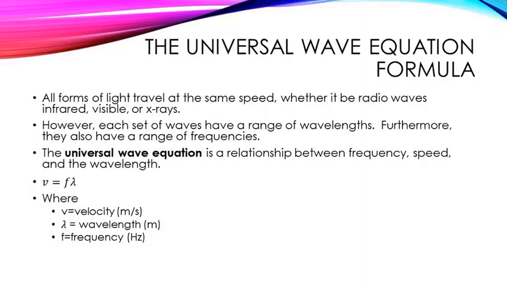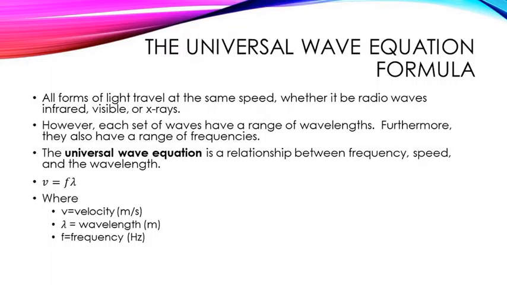The universal wave equation formula. All forms of light have the same speed, whether it be a radio wave, infrared, visible, or X-rays. However, each set of waves has a range of wavelengths. Furthermore, they also have a range of frequencies.